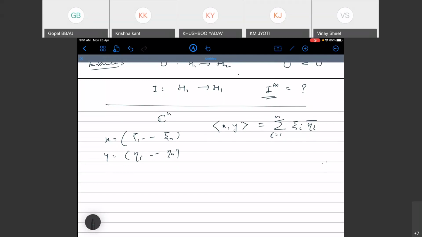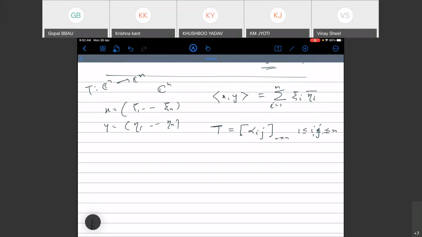Okay, now you know this from your linear algebra course that T can be represented as a matrix. You know this from linear algebra? Yes sir. So let us say we are in Cn to Cn, okay? T from Cn to Cn. So this is an n cross n matrix.